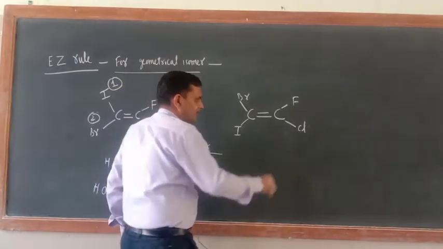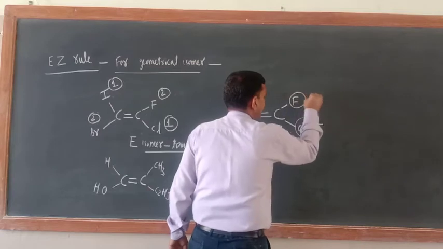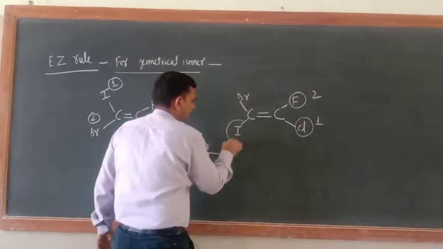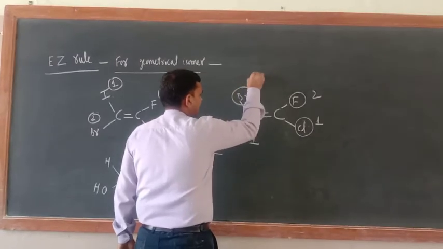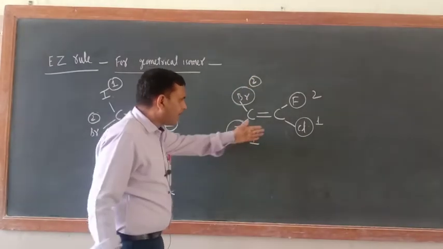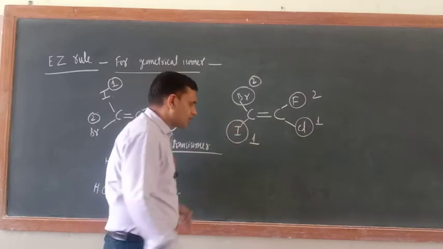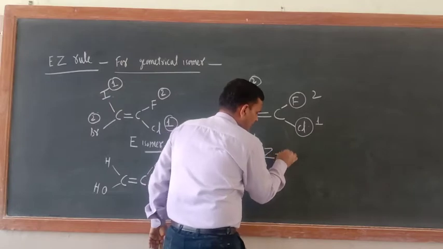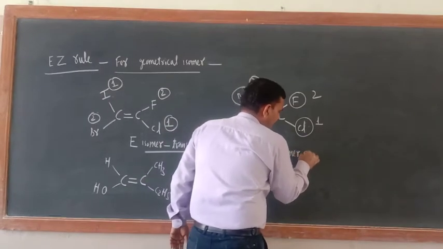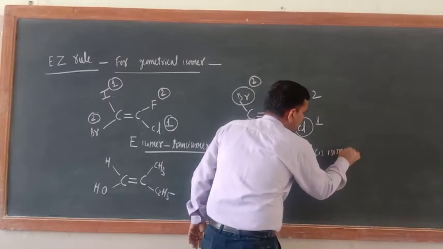So now Cl is 1 and F is 2 here, on this side I is first and Br is second. So now the top priority groups are present on the same side or same plane. So this will be the Z isomer, or the cis isomer. What is this one? Cis isomer.